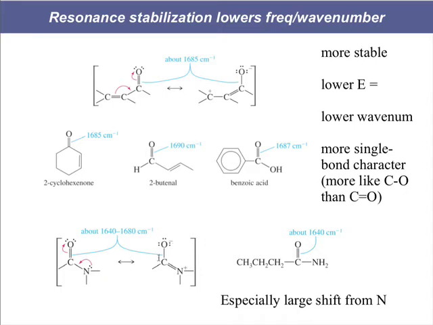That is to say that for the amides, the structure on the right here is a predominant resonance structure. This gets shifted from 1715 all the way to 1640 to 1680. So much lower than any of this other conjugation does. N is a strong resonance donator.